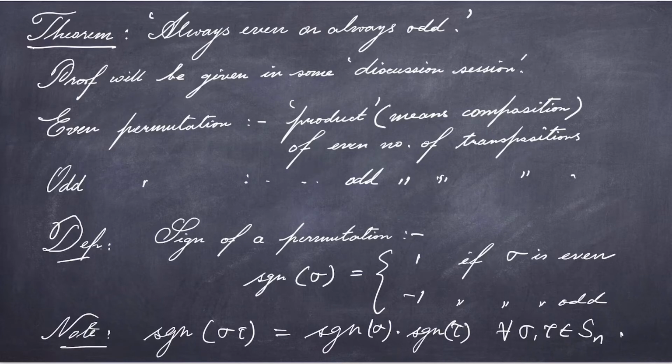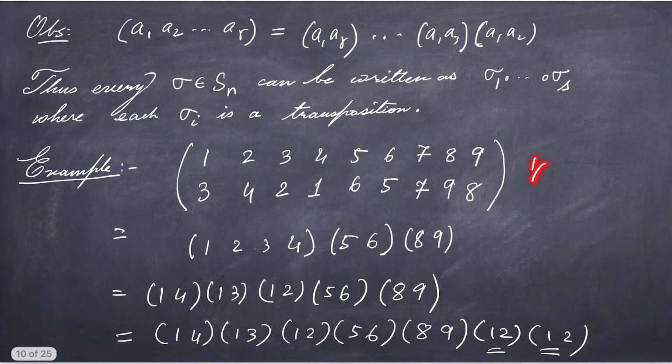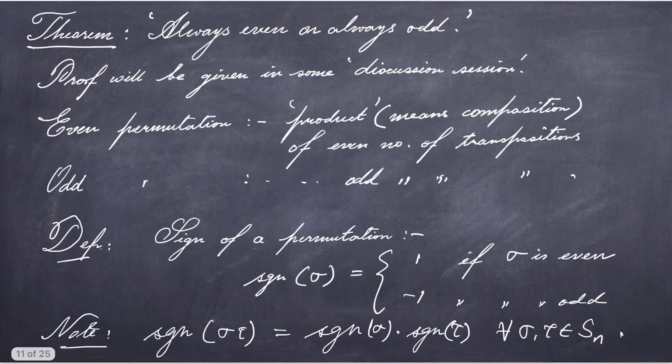So, for example, the permutation we have written up to this point is a product of 5 transpositions, so we can never write this as a product of an even number of transpositions. Therefore, I again repeat that the number may not be unique, but its parity has to be unique.